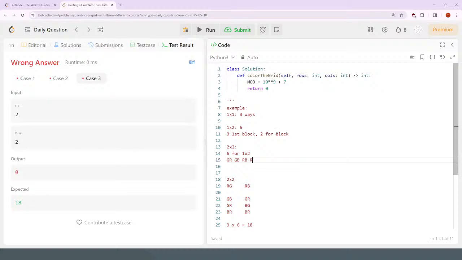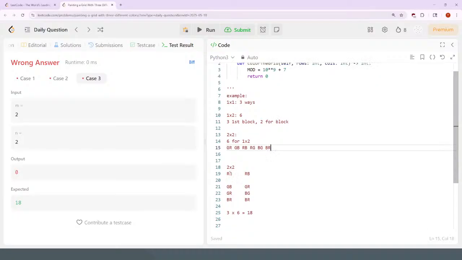Red, blue, red, green. Blue, green, blue, red. So each of these 6 ways needs to come up with 3 ways of getting the second row. Yeah, so like red, green, there are 3 ways of getting the second row.